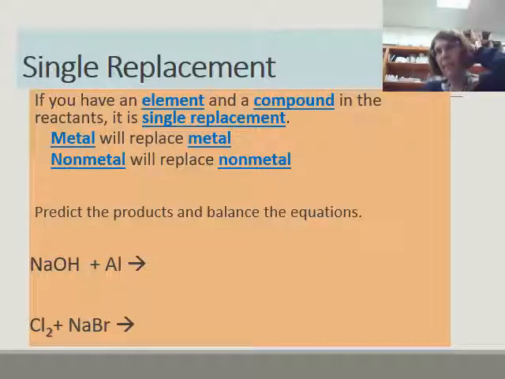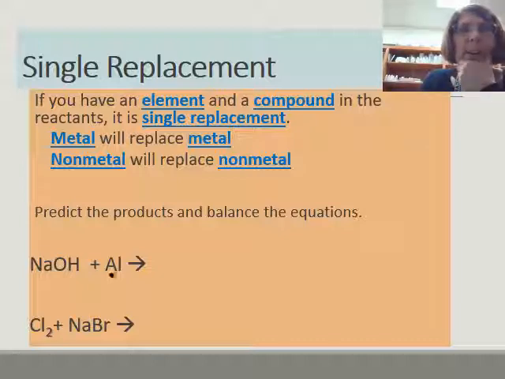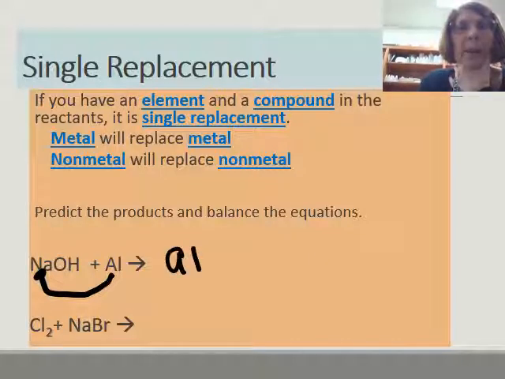All right, single replacement. If you have an element and a compound that react, in single replacement, metal will replace metal, nonmetal replaces nonmetal. When we're looking at this first one, this aluminum is going to kick out the sodium. So we're going to put aluminum +3 because we always have to go back to our charges. And then OH -1.